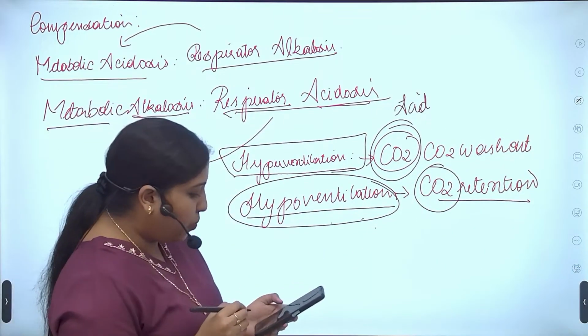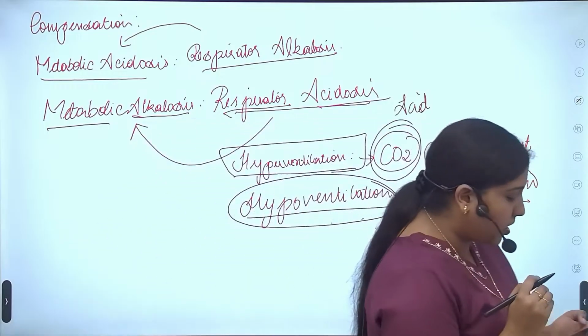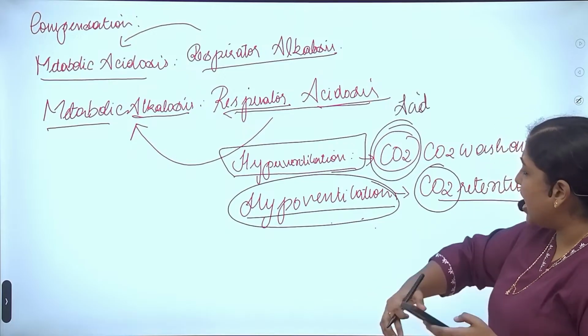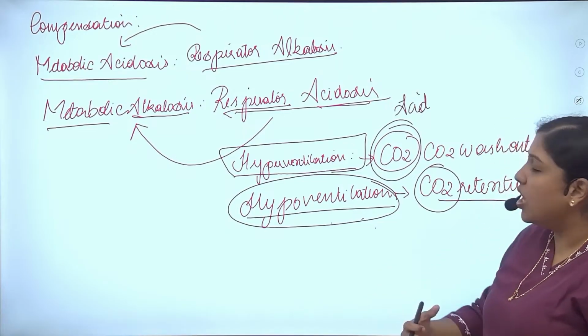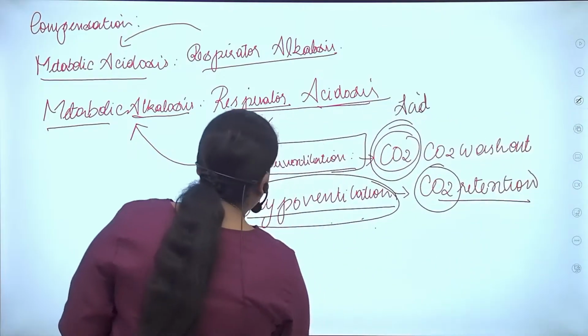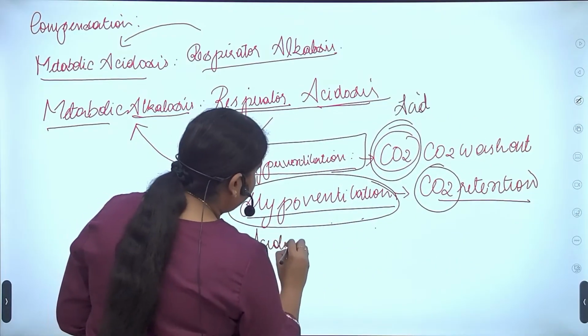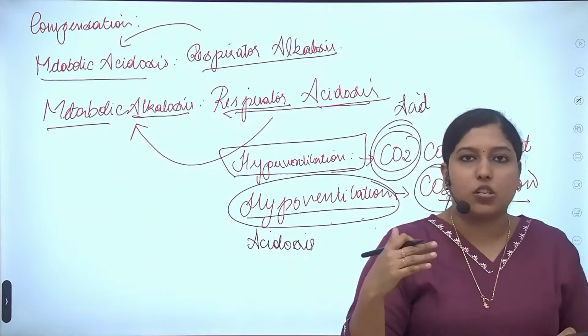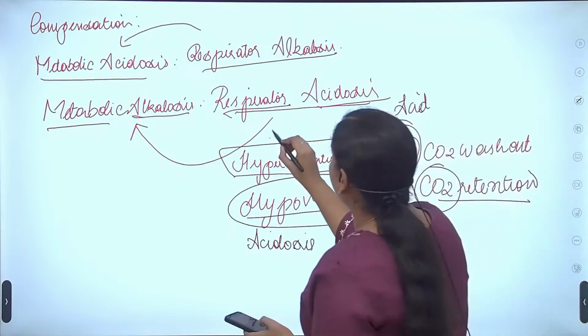Now tell me in the comment box what hypoventilation will cause. When an excessive amount of CO2 is accumulated in my body, it causes acidosis. When the excessive CO2 is exhaled out, the patient will get alkalosis.